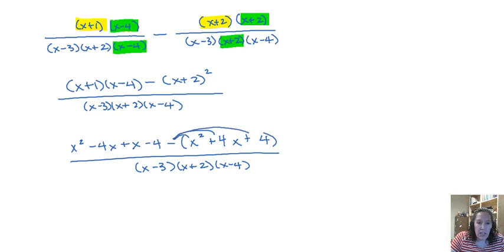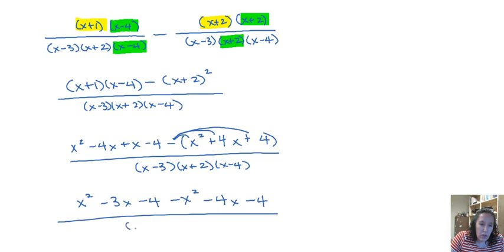I'm going to go ahead and combine like terms while I'm distributing the negative. So we've got negative 4x plus x is going to give us a negative 3x. Still have that x squared and that minus 4. Distribute that negative, we get minus x squared minus 4x minus 4, all over that common denominator.